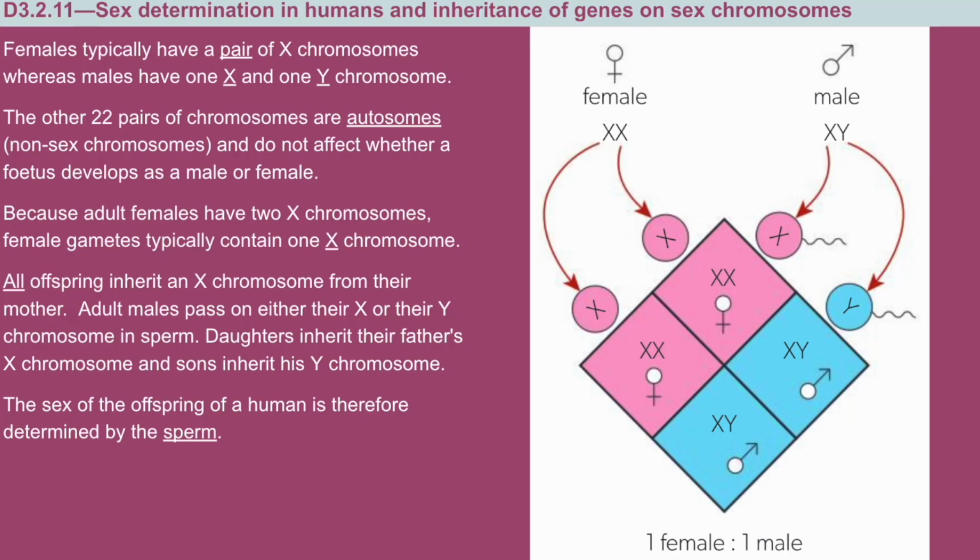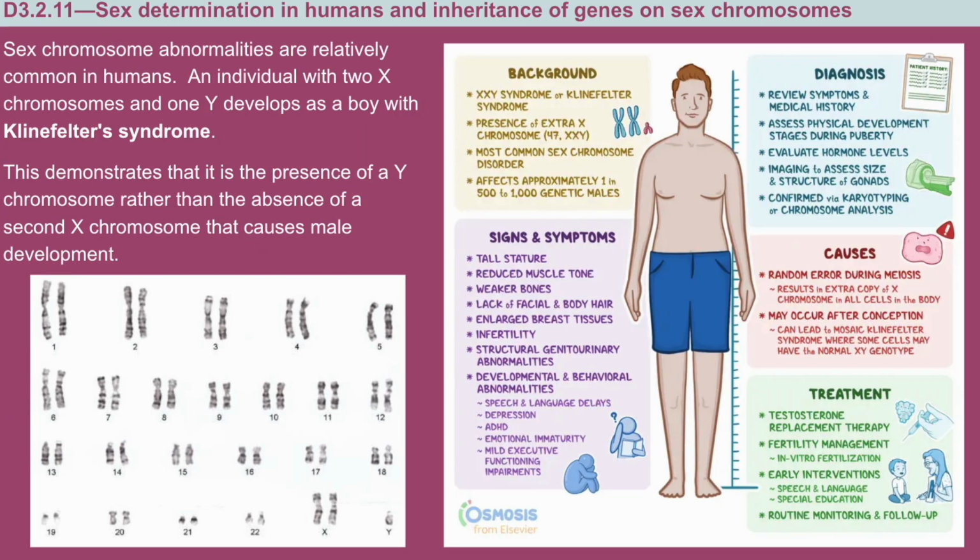Okay, now while this XX and XY are the standard inheritance, know that there are also some sex chromosome abnormalities. You don't need to be familiar with these in detail, but just know that they exist. For example, an individual with 2 X chromosomes and a Y develops as a boy with Klinefelter's syndrome due to non-disjunction, and you can see here what the karyogram would look like for that individual.